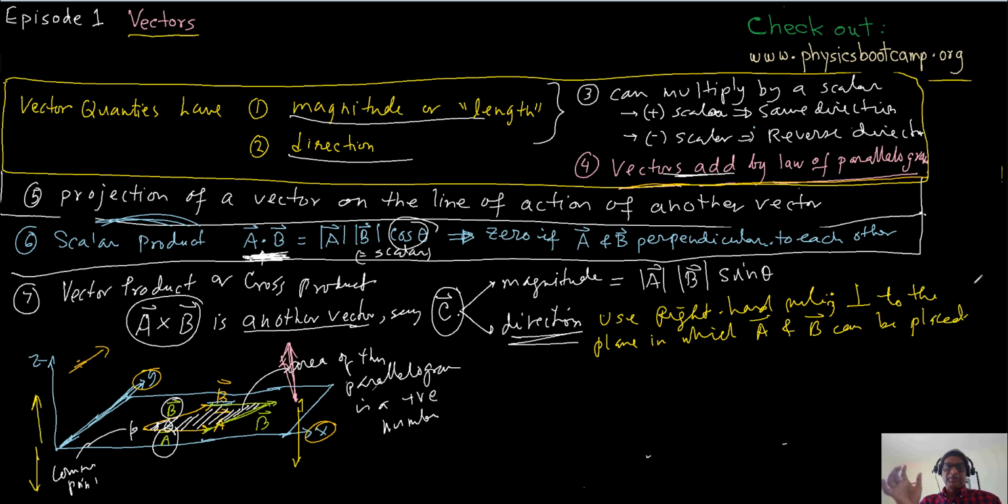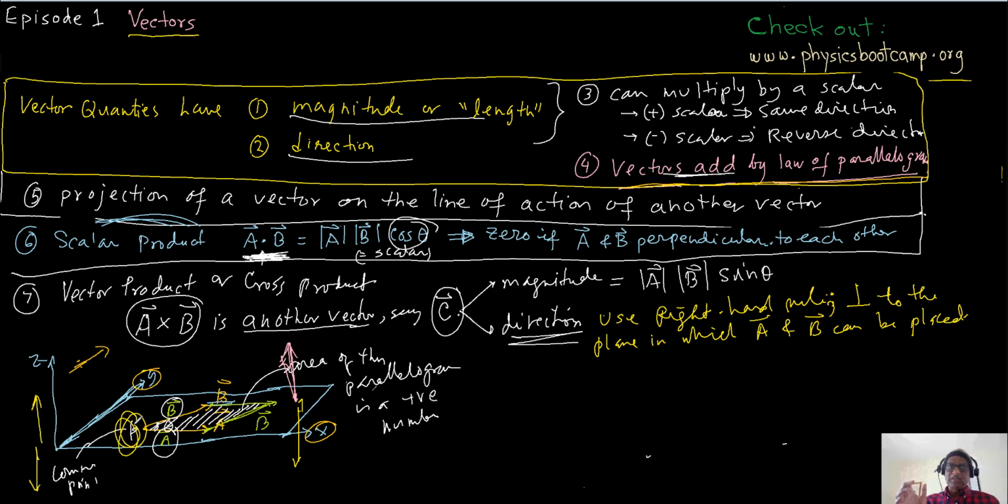So the plane that the vectors A and B are together forming, once you draw them from the common point. And then the direction is very easy to get, because once you have already figured out the plane in which they are, all you have to do is the right-hand rule at that point.